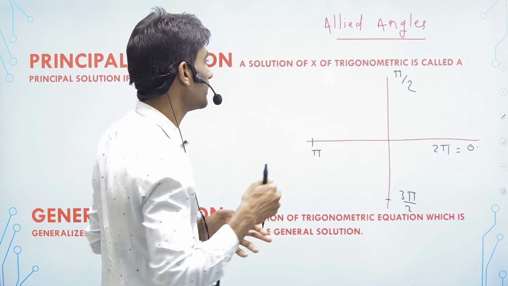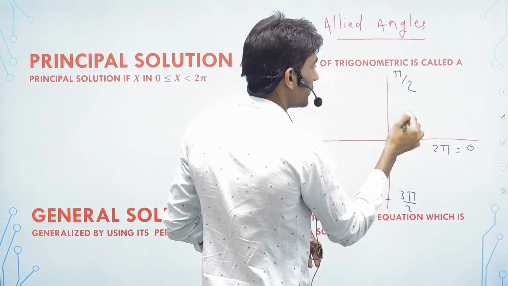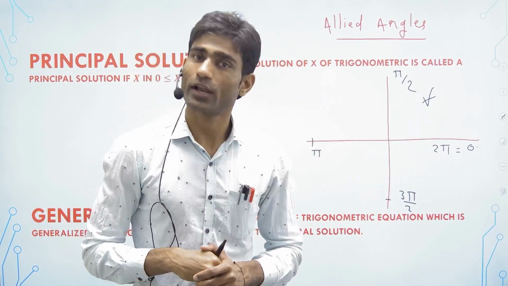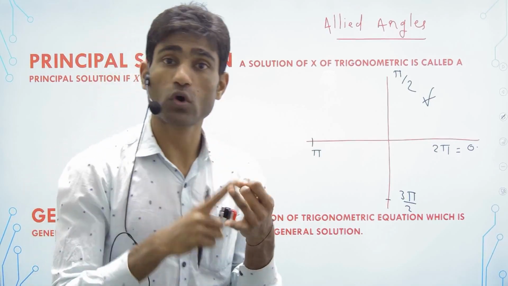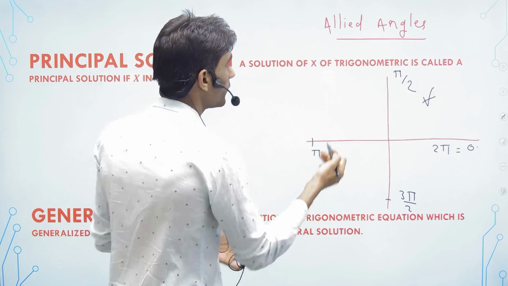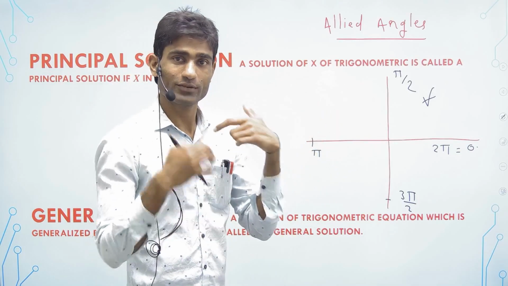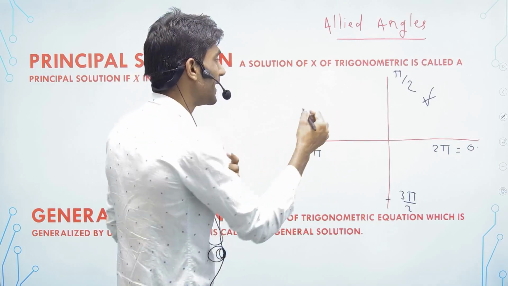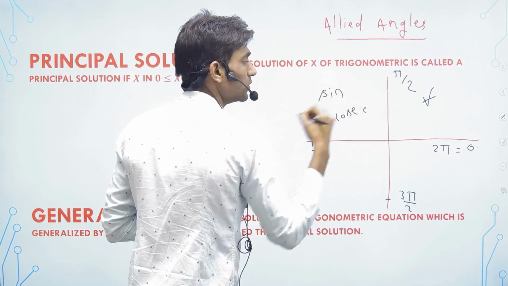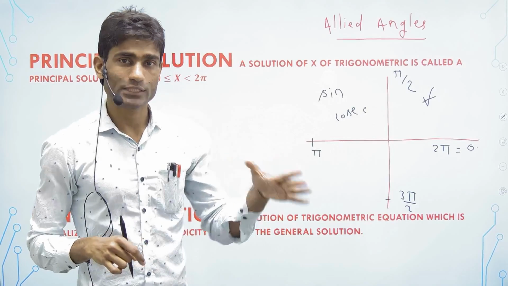So what do we do here? In our first quadrant, we know that all ratios from our trigonometric functions are positive. That means sine, cos, tan, cosec, sec, cot all are positive. In our second quadrant, we get sine and cosec positive.